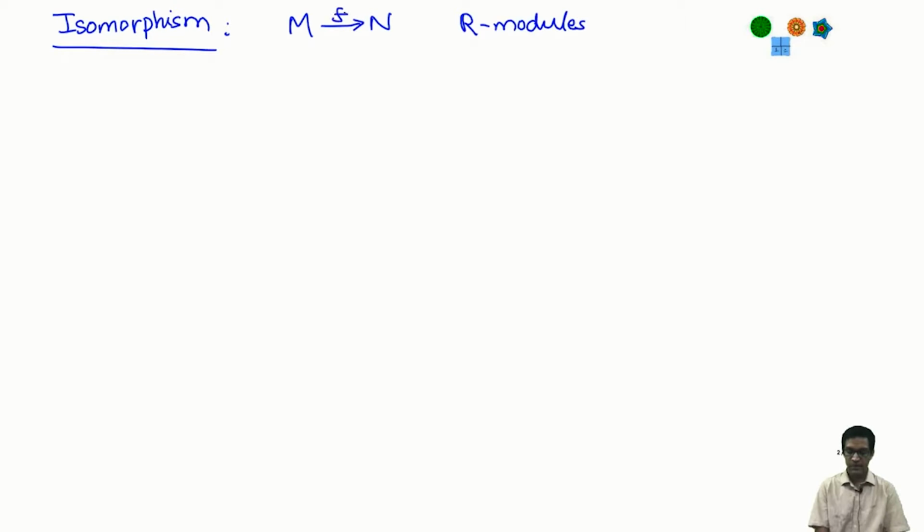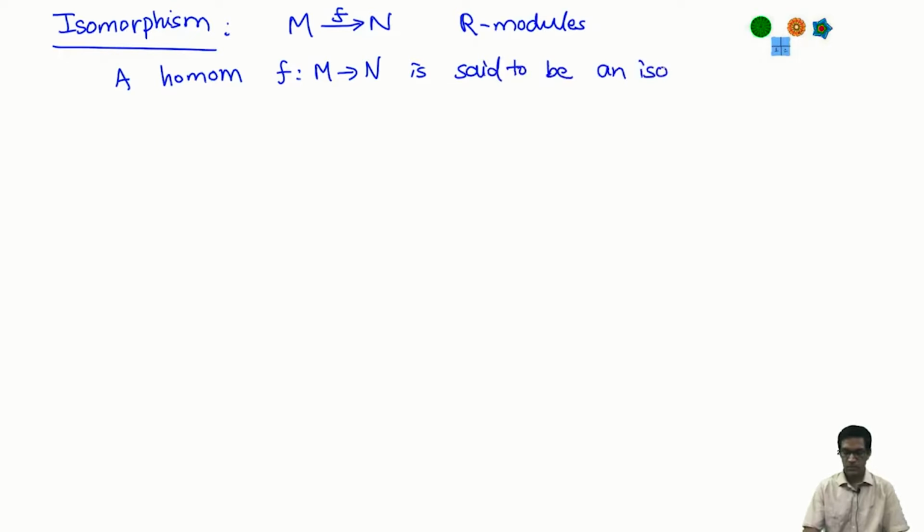A map F from M to N is said to be an isomorphism if, firstly, it needs to be a homomorphism. So let me phrase it like this. A homomorphism F from M to N is said to be an isomorphism if it admits an inverse.